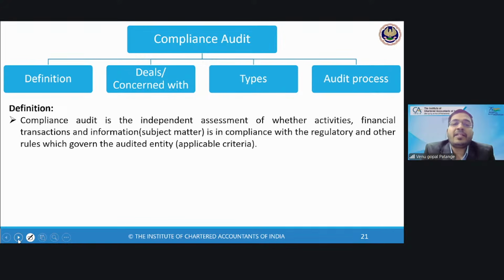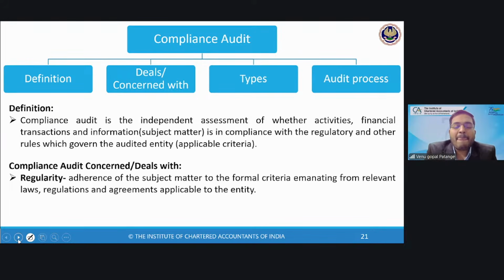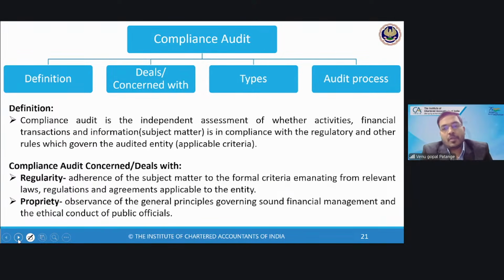a compliance audit. Next, what does it deal with? It deals with two aspects. One is regulatory, which is pretty much clear: whether the given transaction, given activities are carried out as per law or not, you checked. Next, proprietary. What is proprietary?